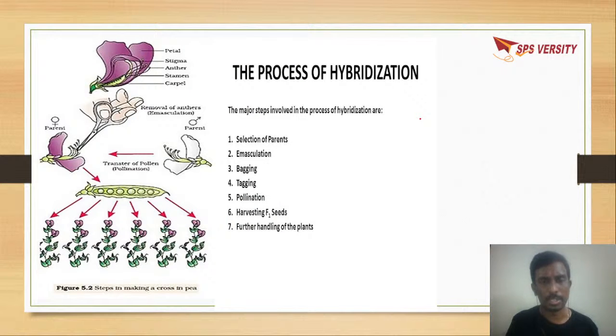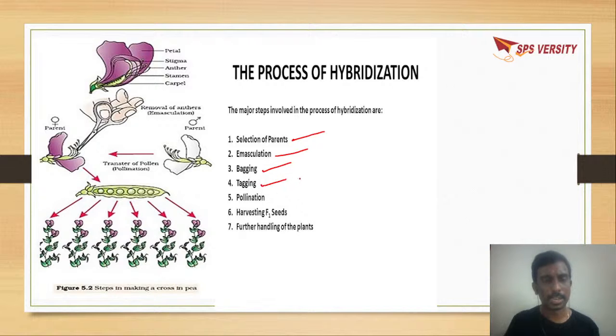So here you can see there are major steps in the process of hybridization, like selection of parents. Selection of parents means in a group of plants they will select male and female. Emasculation, if it is a bisexual flower, they will remove the anthers from the female. Bagging, that is covering the female flower with the butter paper.